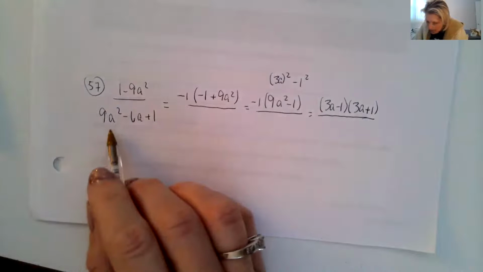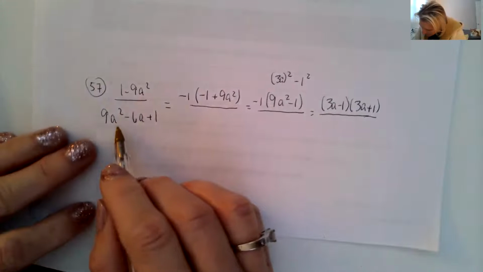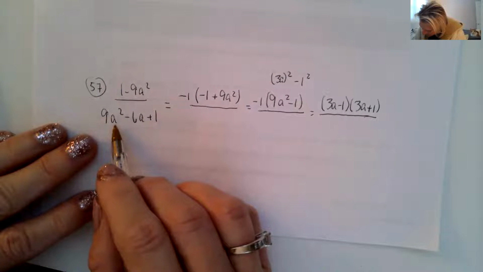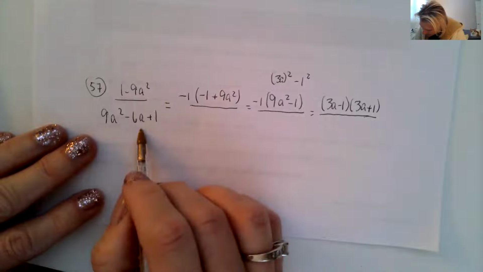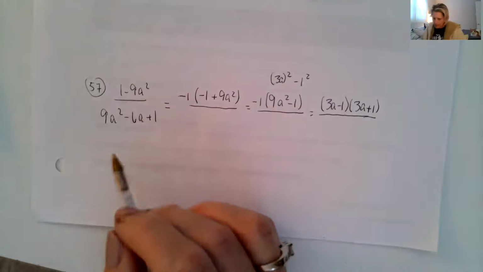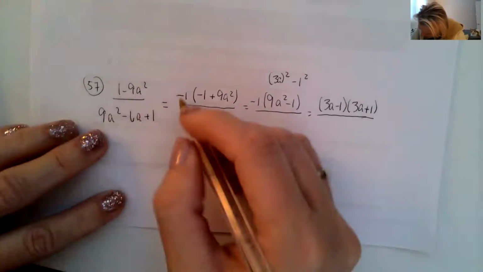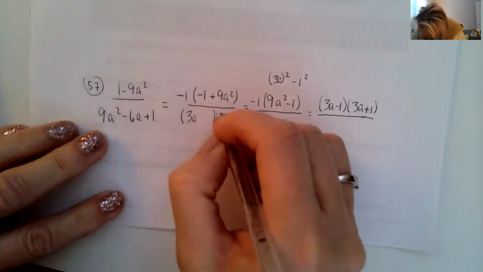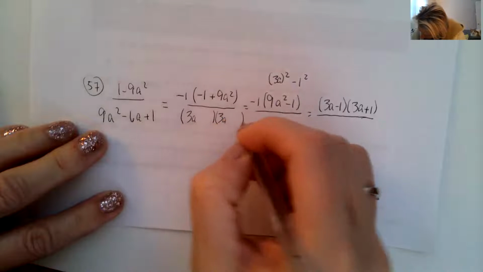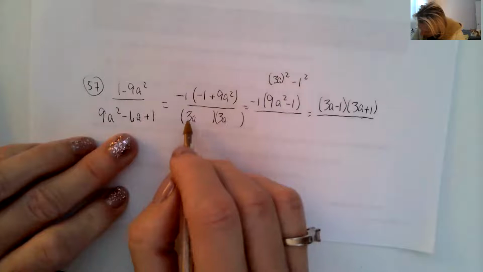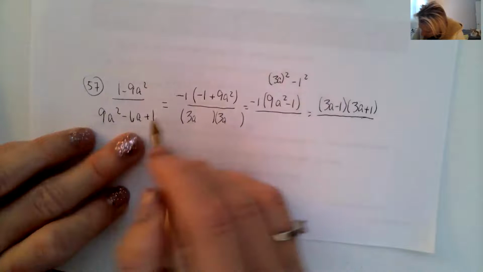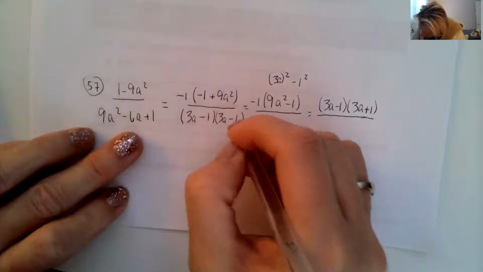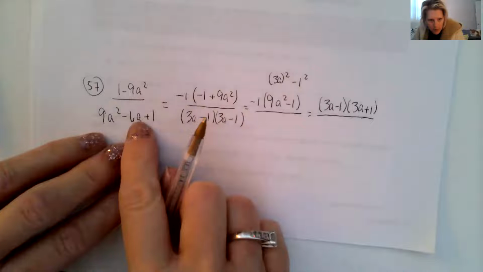And now our denominator down here, this comes out to be a perfect square because we can do 3a. It's 3 terms, so we know it's going to be 2 binomials. We need 3a to make 9a squared, and then a negative 1 and a negative 1 to multiply to make the positive 1.